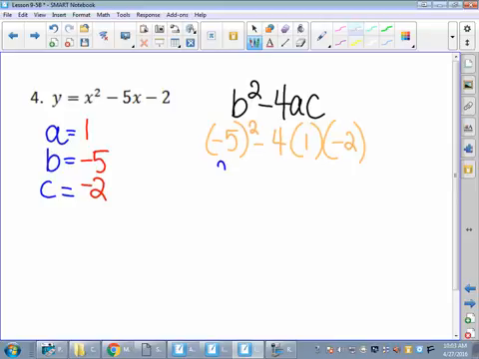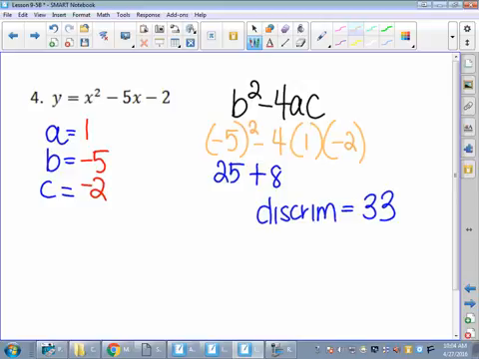When I do this math, I get 25 plus 8, so my discriminant equals 33. Double check that math. I actually do mental math for the signs. It's a negative times a negative, so I know that this sign's going to have to be a positive. Just watch that stuff. And of course, we all know when you square a negative number, the answer is always positive.